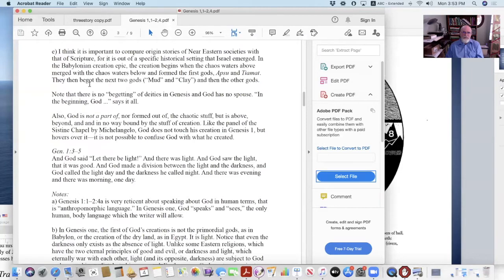Genesis 1:1 through 2:4 is very reticent to use anthropomorphic language to speak about God. Well, what is anthropomorphic language? It is human language, the language of human body parts, the language of referring to God in human terms.